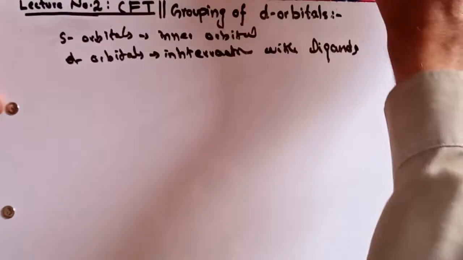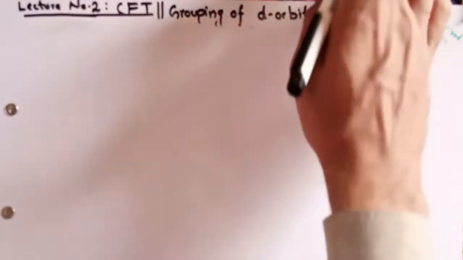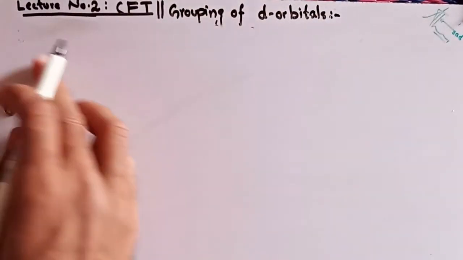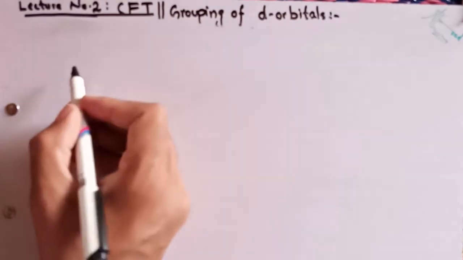So here, what is meant by grouping of d orbitals in crystal field theory?